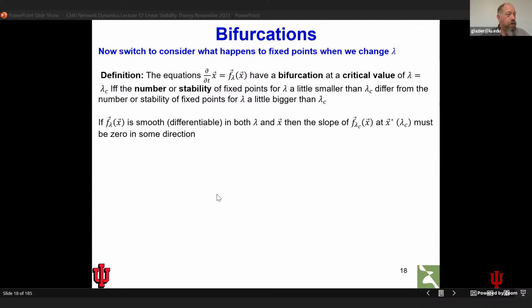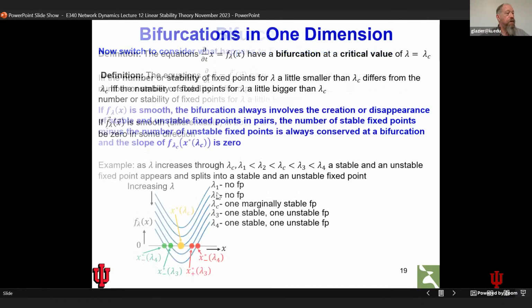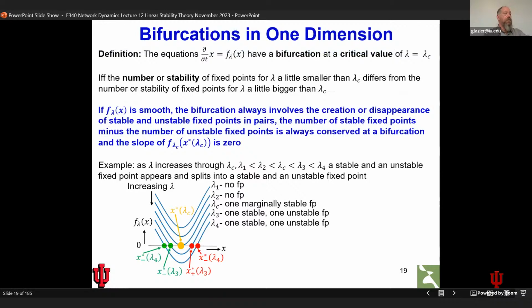So let's actually now look at an example of that. Suppose that I have a curve that's a decreasing function. You could imagine, say, a quadratic. And I'm going to gradually increase the value of lambda. And as I increase lambda, the position of that curve moves down.